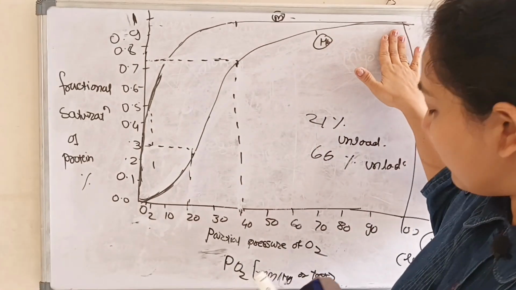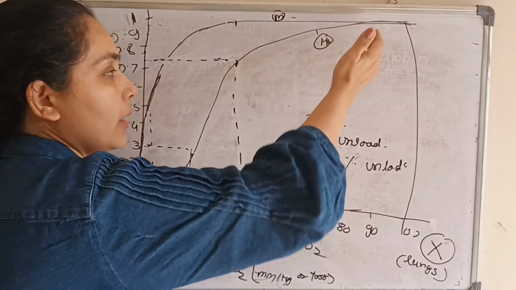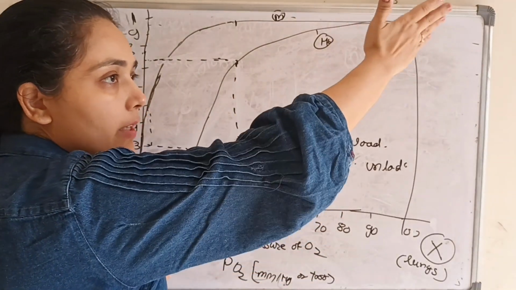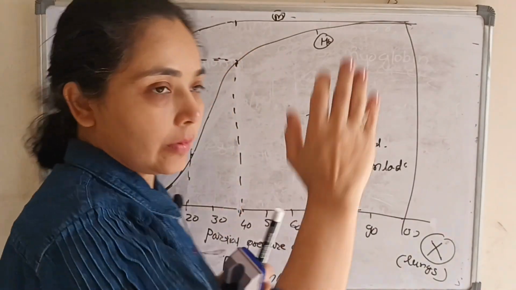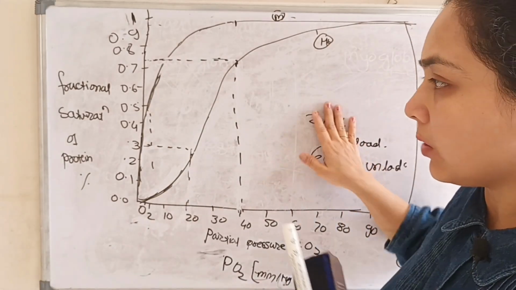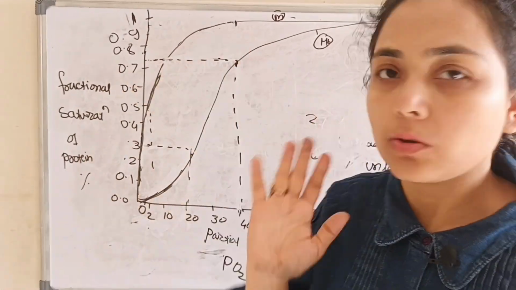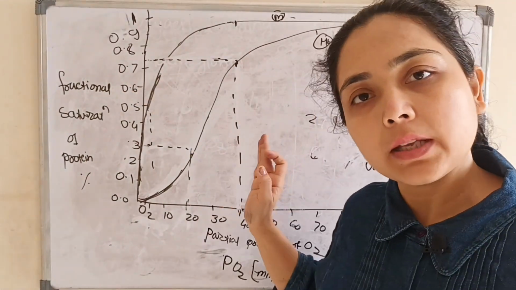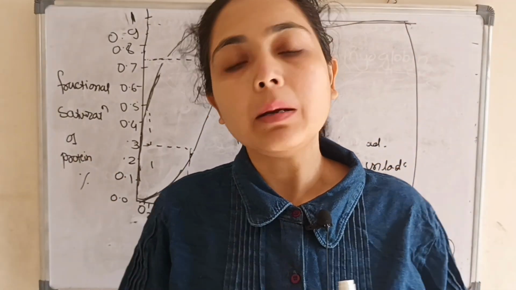For hemoglobin we get the sigmoidal curve: in the lungs it is fully saturated or 90% saturated, and when the partial pressure drops, this much oxygen will be unloaded. So we get the sigmoidal curve here. This is about the oxygen binding curve for hemoglobin and myoglobin.